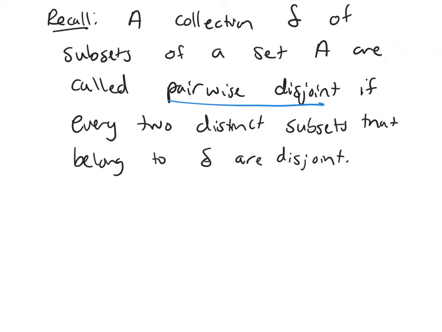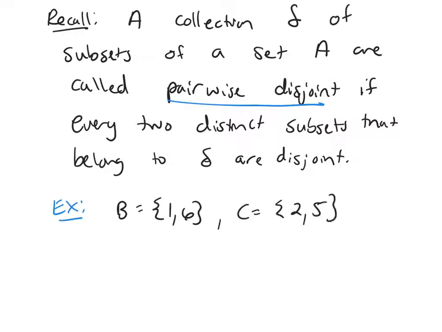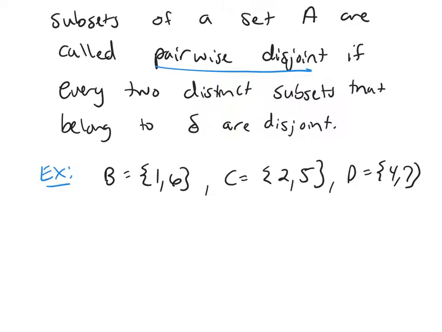So let's look at an example. Let's say my set B is going to be the set 1, 6. C would be the set 2, 5. And D would be the set 4, 7. If I take any two of these and compute the intersection, so if I take B intersect C, B and C don't have anything in common, so the intersection would be the empty set.